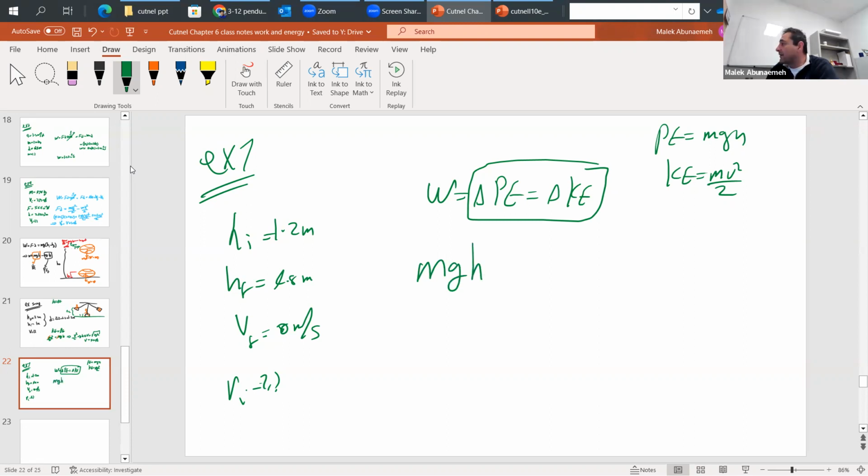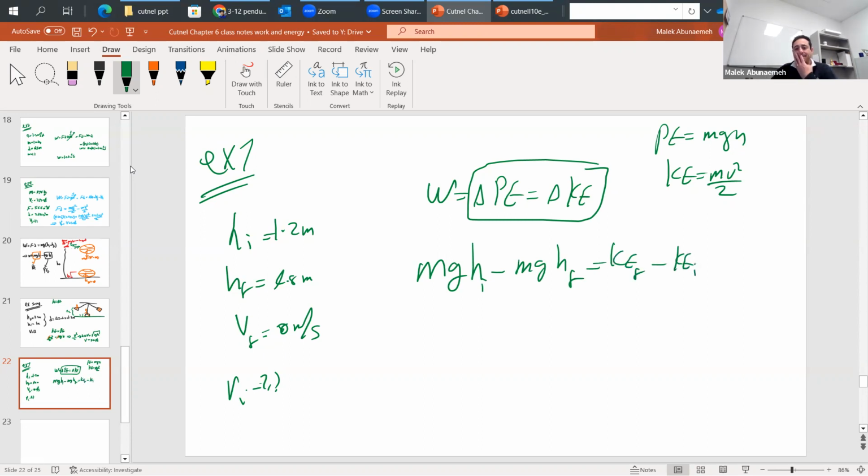Initial is going to be mass times gravity times initial height minus mass times gravity times final height, which is going to equal your final kinetic energy minus your initial kinetic energy.